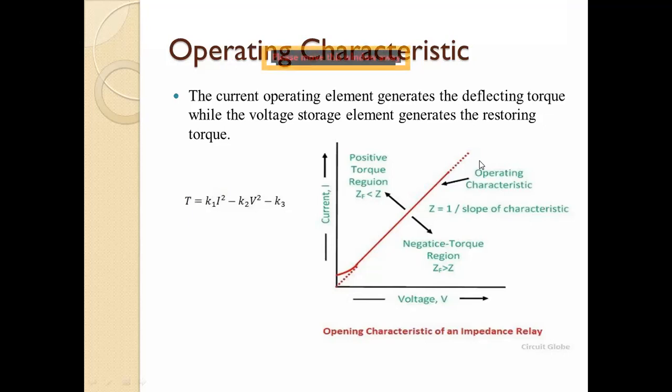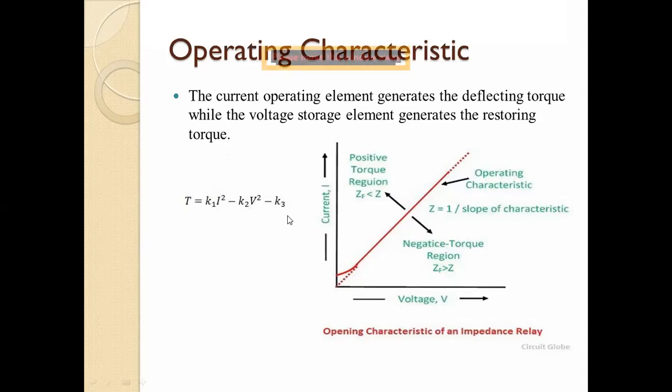Just like that, here also there are two elements, the operating element and the restoring element. The operating element generates the deflecting torque, and the voltage element generates the restoring torque, to operate your relay.